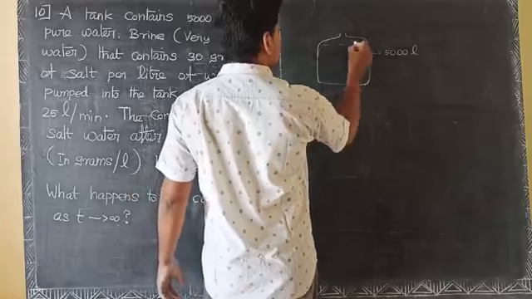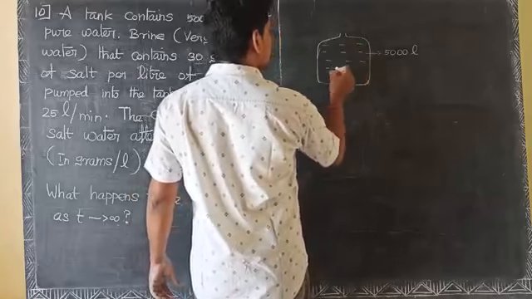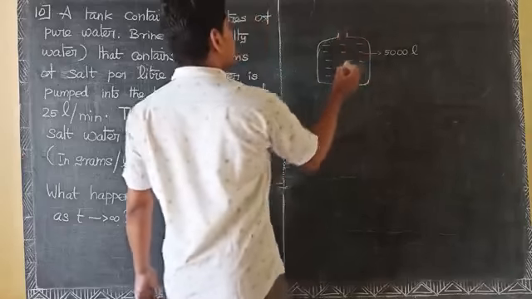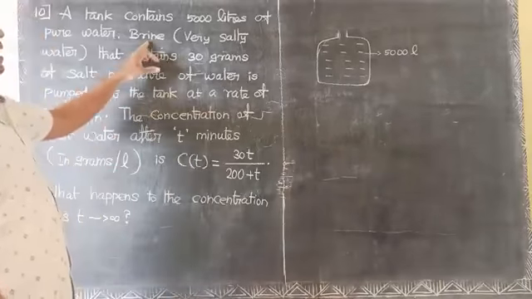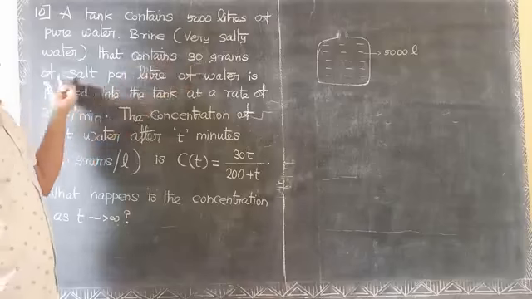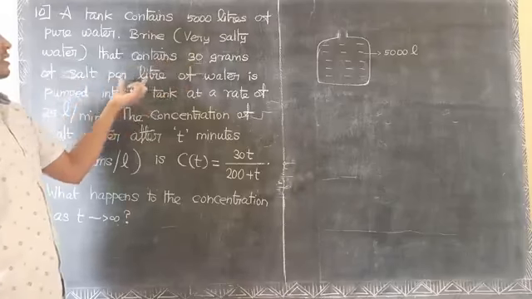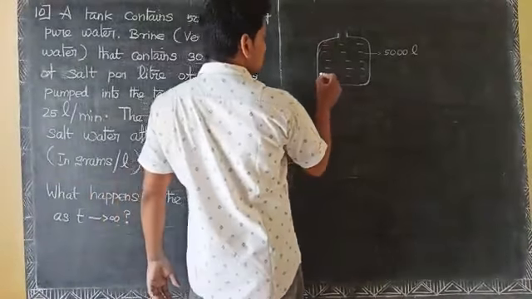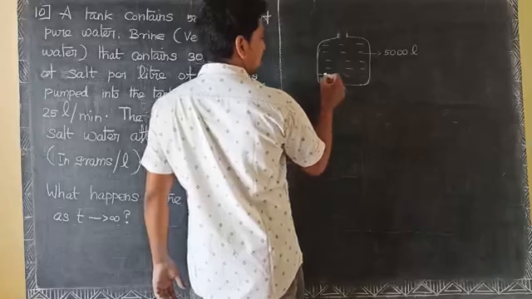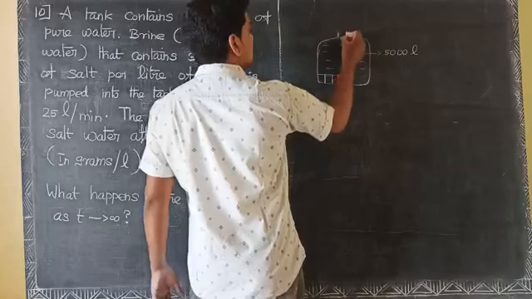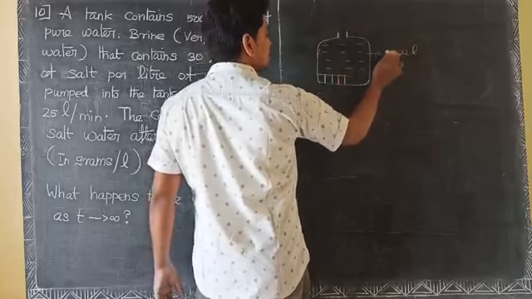Here, very salty water that contains 30 grams of salt per liter is drained in. For example, this is 1 liter, 1 liter, 1 liter, 1 liter, totally the tank containing 5000 liters.